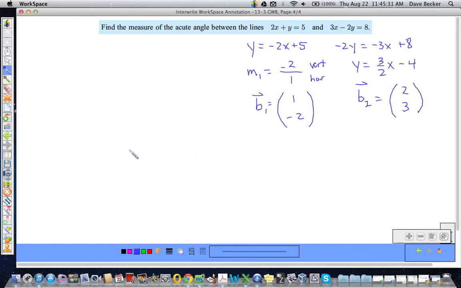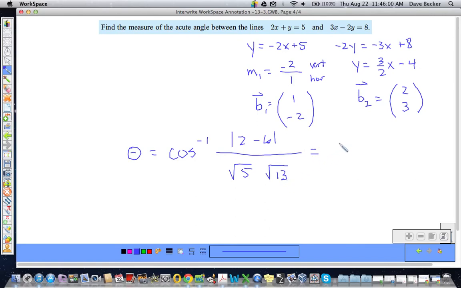Well, once you have that, we are in business. So we just use our nice little formula, absolute value of the dot product. So that's going to be 1 times 2, which is 2, and -6 over, let's see, magnitude of b1 is √5 times magnitude of b2, which is 9 plus 4, √13.